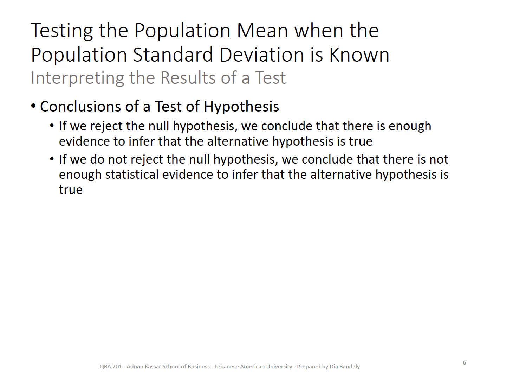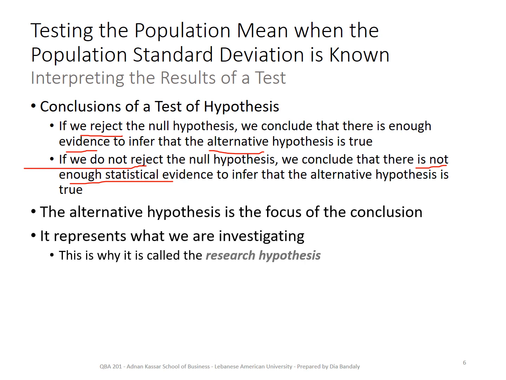All right, so to wrap up the concepts and our conclusions from the test, here we go. If we reject the null hypothesis, we are saying that there is enough evidence to support the alternative hypothesis. And if we do not reject the null hypothesis, we say that there is not enough statistical evidence, to be precise, to support our alternative hypothesis. This is very important.